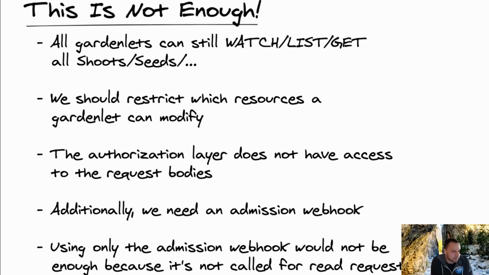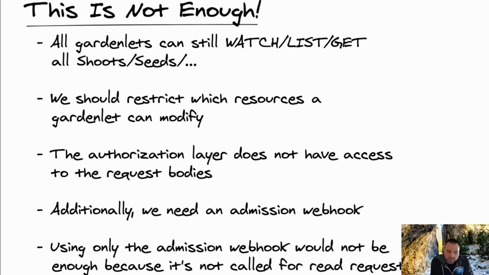However, we could restrict which of those resources a particular gardenlet can change or modify. So for example, we would not want an AWS gardenlet to change a GCP shoot or seed in some way. This is something we can implement. However, the problem is that the authorization layer does not have access to the request body.